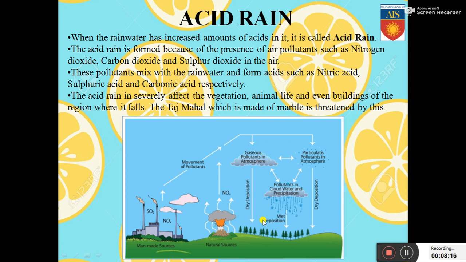They are falling down as rain, and this rain is in turn harming the vegetation. It is harming the animals which are dependent on the vegetation. Not only that, it is also having a huge negative effect on buildings, specifically on marble buildings.